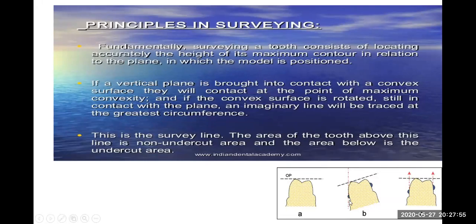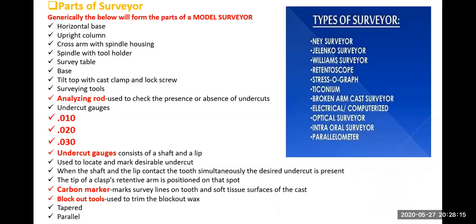Every area below that point of contact is called undercut area. So that is how surveying delineates the undercut and non-undercut area. And that helps you to do a lot of things when you are designing your partial denture.